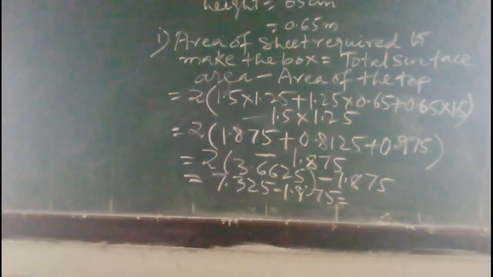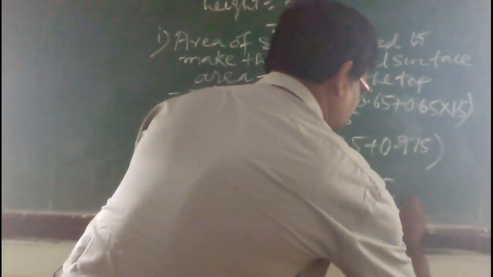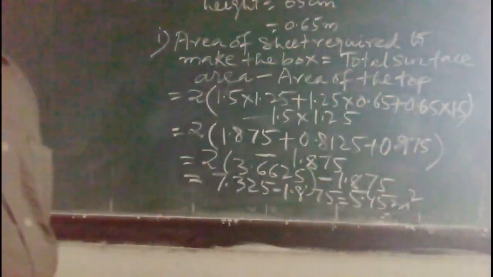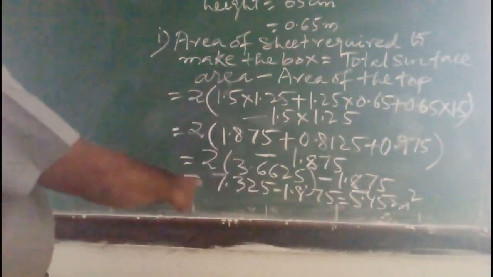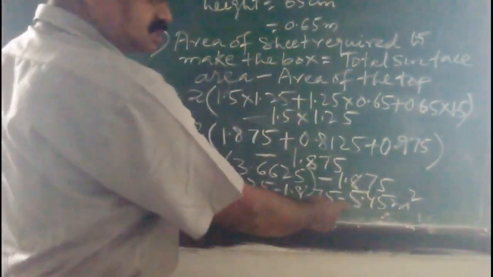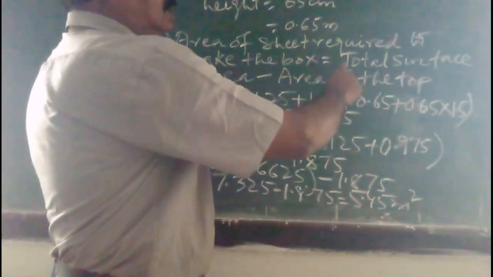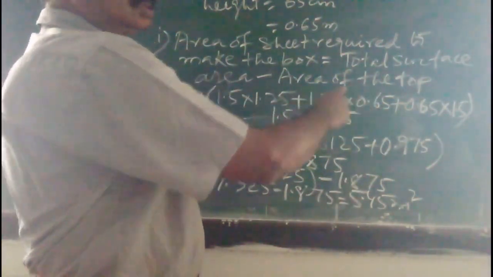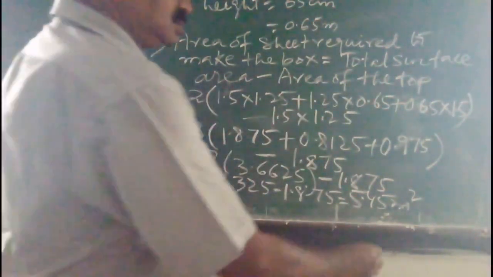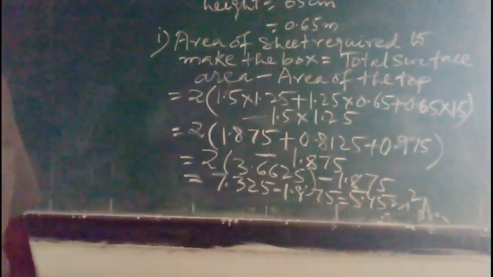Now subtract these two, which is equal to 5.45 meter square. So area of the sheet required to make the box is 5.45 meter square when the top of the box is open. So this is the answer of number 1.